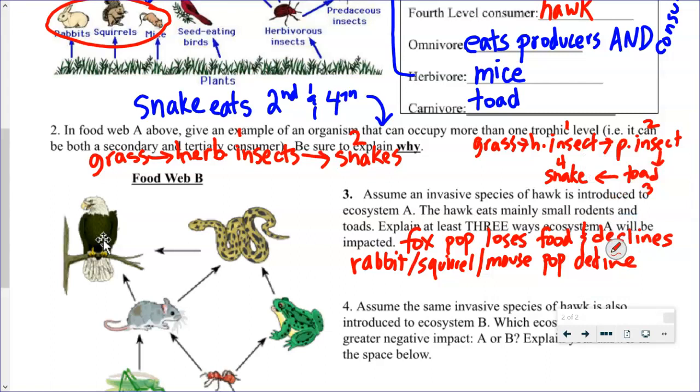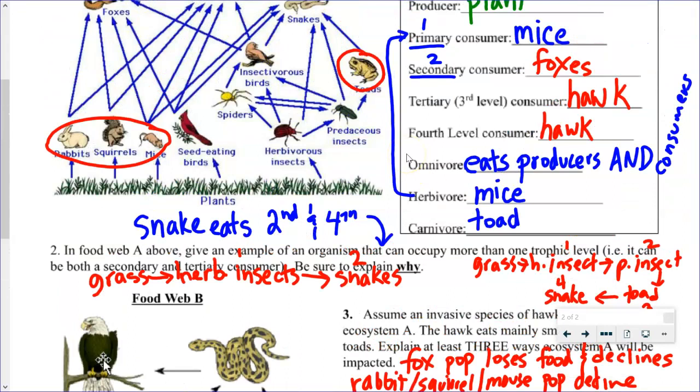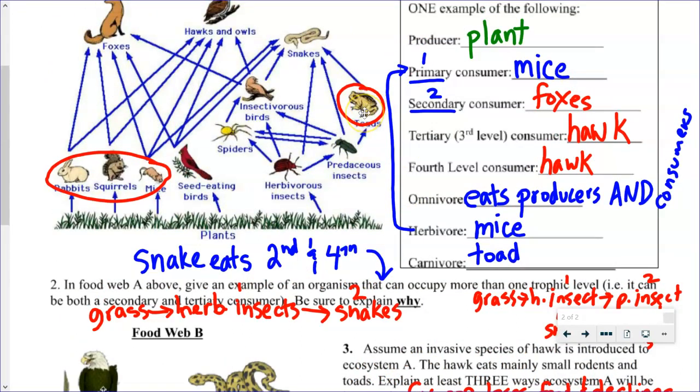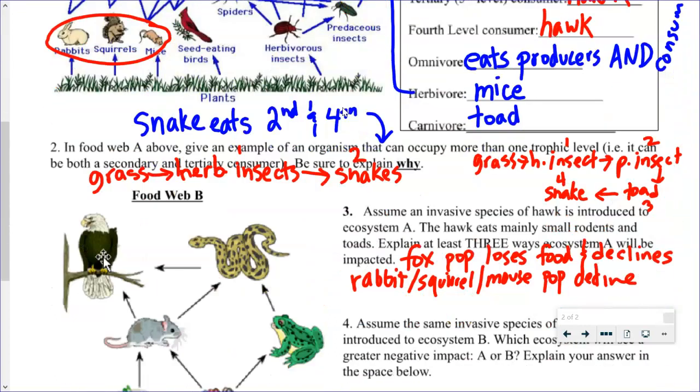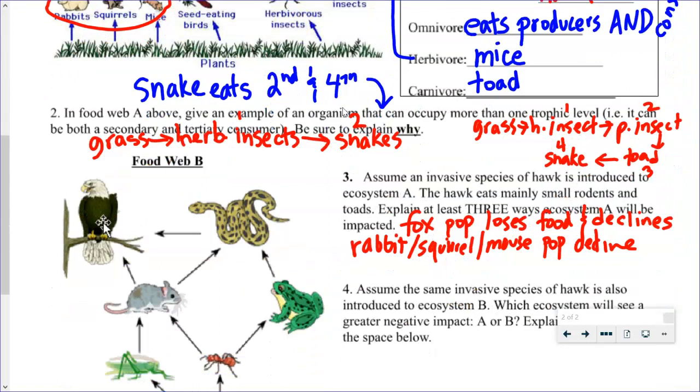That might happen. You could also argue that the hawks and the owls and the snakes might lose some food too. So you could say that the hawk, owl, and snake population declines.